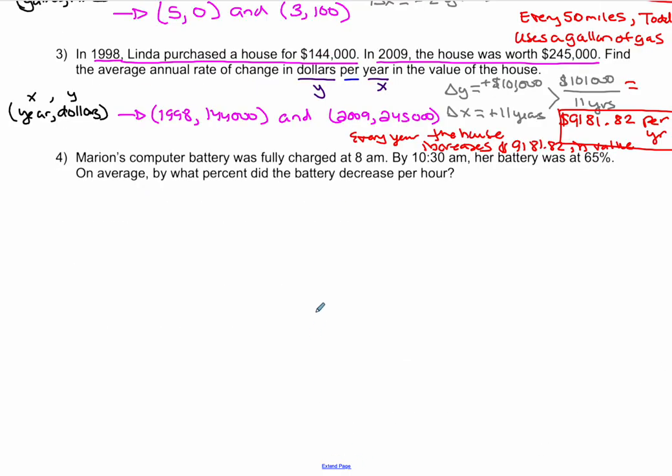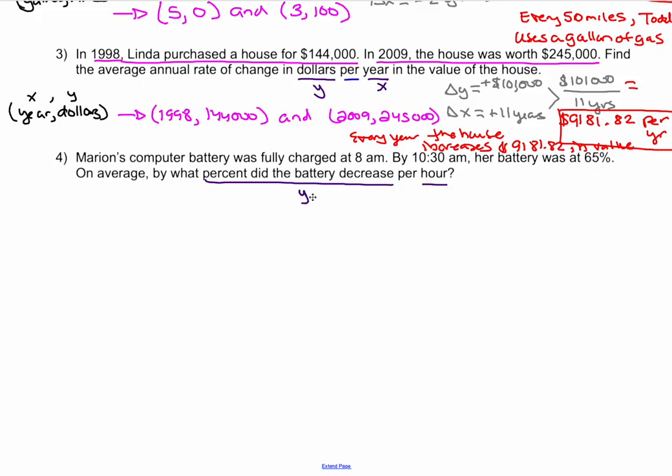This last example says Marion's computer battery was fully charged at 8 a.m. By 10:30 a.m., her battery was at 65%. On average, by what percent did the battery decrease per hour? So we again have battery decrease percent per hour.